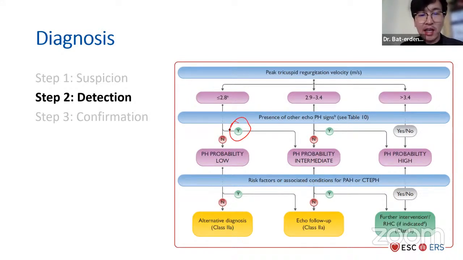But if there is any other sign of pulmonary hypertension on the echo, it must go to the next probability level. The guidelines said this kind of graphic algorithm is easy to follow and use. With a TRV over 3.4, that is a very high probability of pulmonary hypertension. That kind of patient must go to a cardiology center and then undergo further intervention by right heart catheterization.